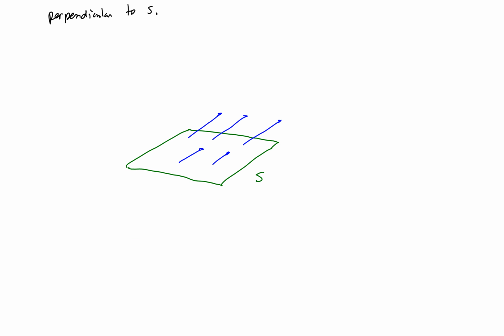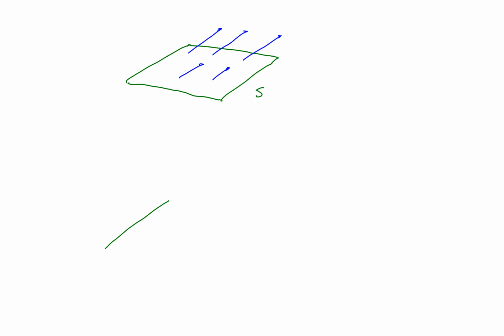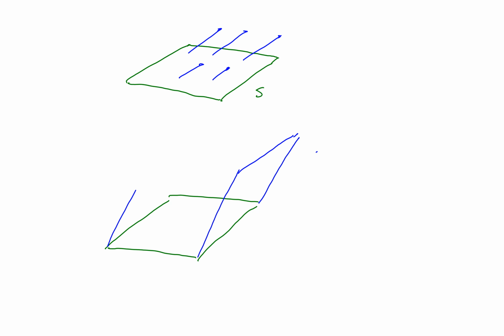Same idea. Let's take our surface again. And now instead of creating just a box out, it's going to the side here. So maybe it's going something like this. This is the volume of the region that has flowed through now.